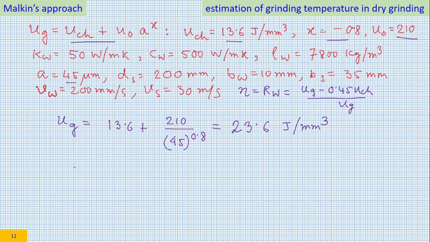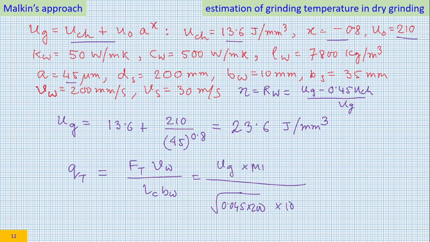Next one that we would like to calculate is QT. For calculation of QT it is FT into VW divided by LC into BW. LC is nothing but square root of A into this, which is 3 millimeter, and BW is 10, and this FT VW is nothing but UG into MRR.